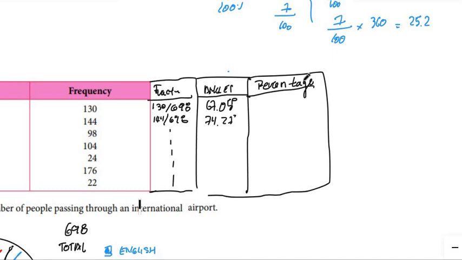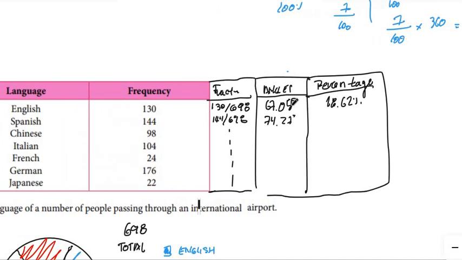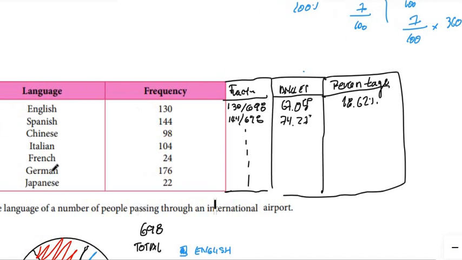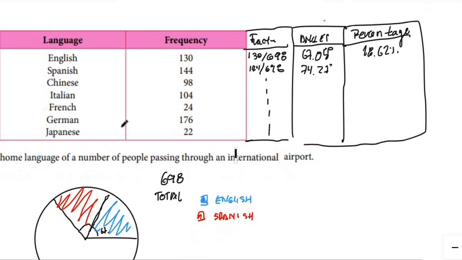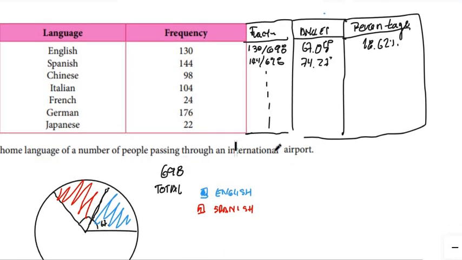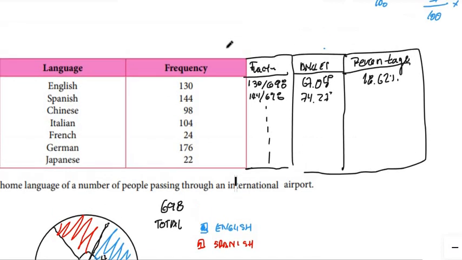So we can do 130 divided by 698 multiplied by 100. This will represent 18.62%. So 18.62% represents the number of English-speaking people passing through an international airport.